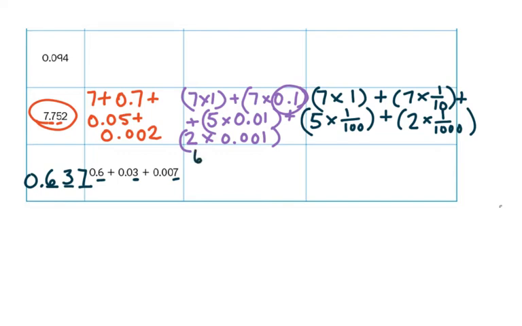So we're going to write those in decimals. So we have 6 times 1/10. We have a 3 in the hundredths, so we take 3 times 1/100. And we have a 7 in the thousandths, so 7 times 1/1,000.